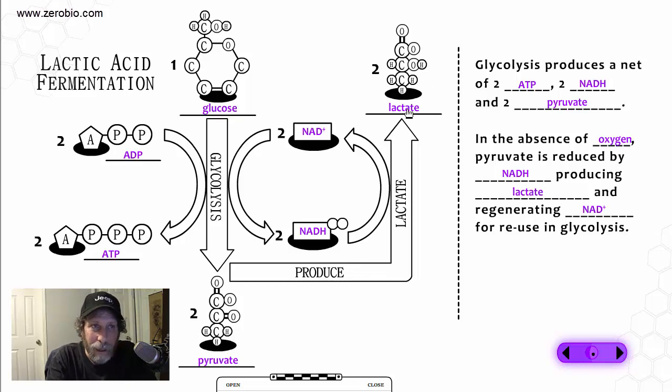Now the lactate, being an acid, lactic acid, starts to sting your muscles, and that causes some discomfort as it builds up. But if you stop exercising and repay that oxygen debt, the lack of oxygen, this stuff will go back into the glycolysis pathway, be fully metabolized, and things will go back to normal.